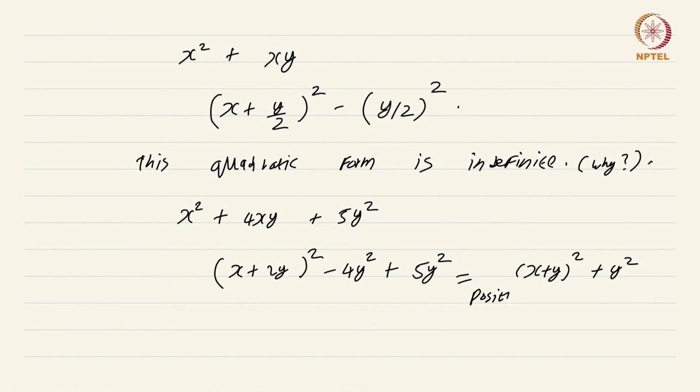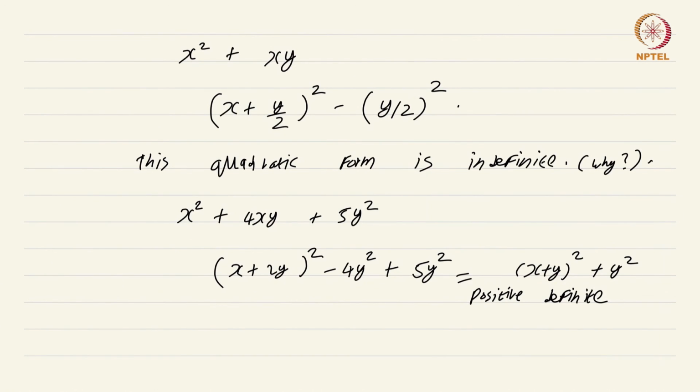That's obvious because it's a sum of two squares, no negative sign is occurring. So irrespective of what x and y are, if they are not 0, this quadratic form is definitely going to be a positive quantity. This concludes the proof and some examples of completing the squares. This is a course on real analysis, and you have just watched the video on completing the squares.